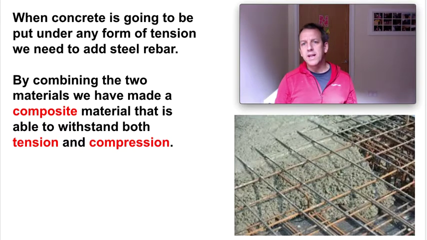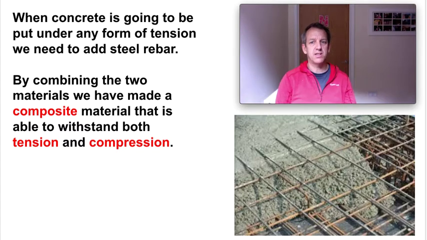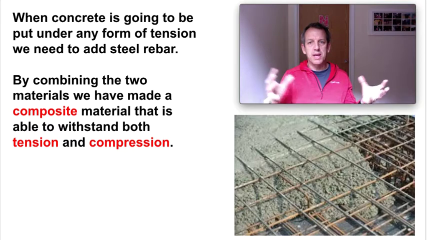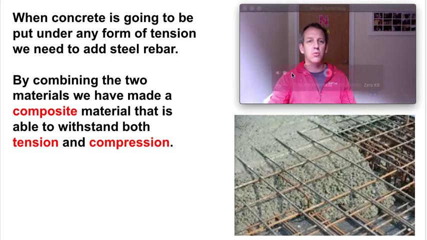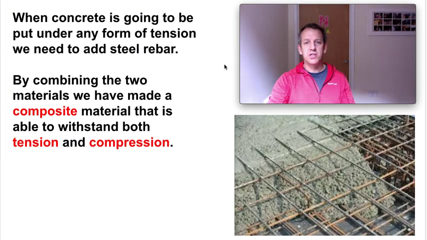So what we need is a material that's good in both compression and tension, especially when it comes to that 3-point loading, so it can resist that compression along the top of the beam and tension along the bottom of the beam. So what we do, we put steel, we call the steel rebar, okay? Rebar, just shortened for reinforced bar. This is quite a rough steel that we put inside concrete.